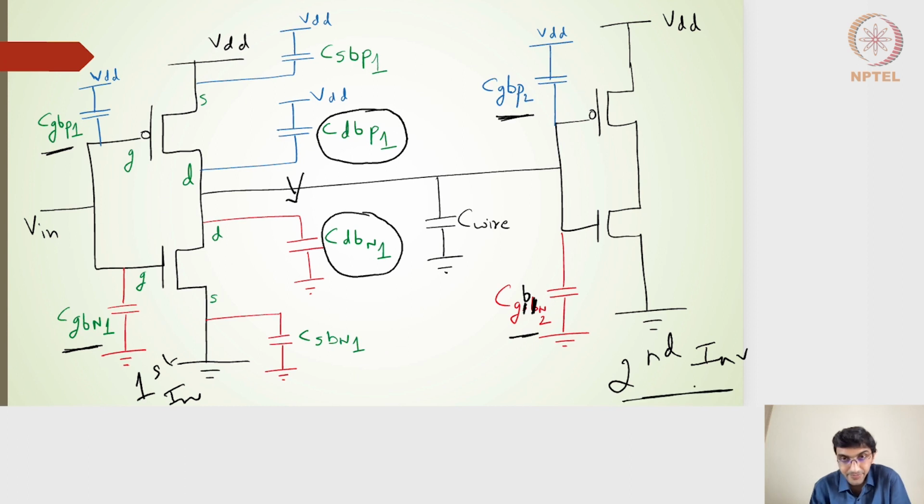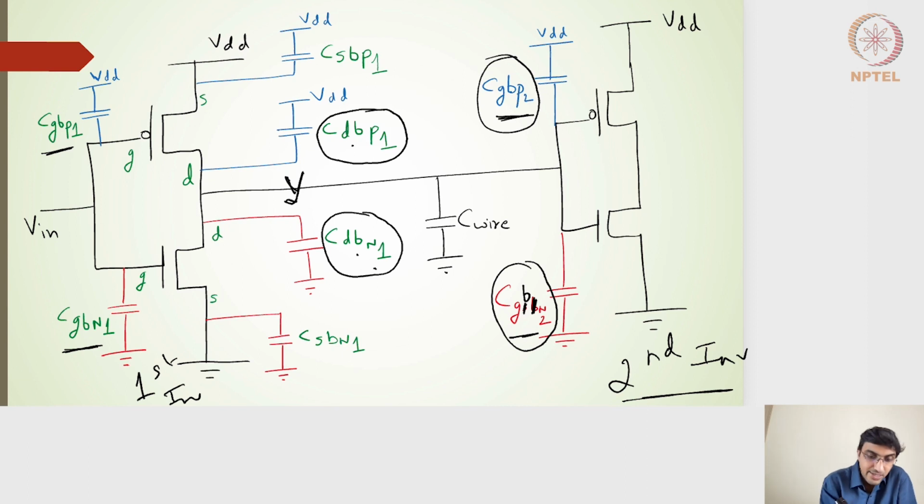So now at the output node Y, I have 4 capacitances: CDB P1, CDB N1, CGB P2 and CGB N2. And I've also included the wire capacitance. A wire can always be modeled as a capacitance, assuming there is a copper wire going along, the region is completely encapsulated or insulated with silicon dioxide, and on the bottom side there is one more wire going along.